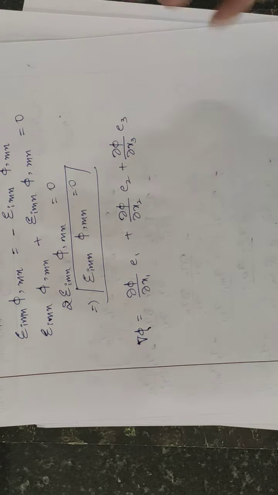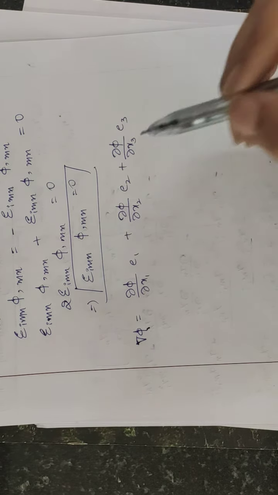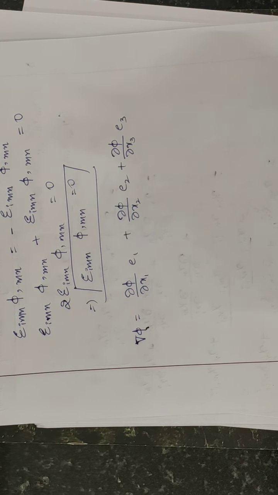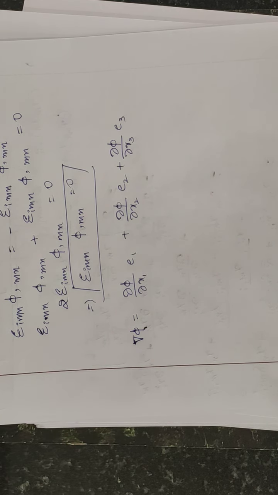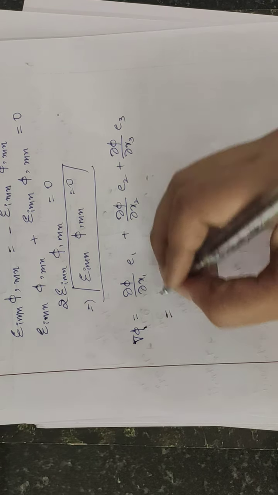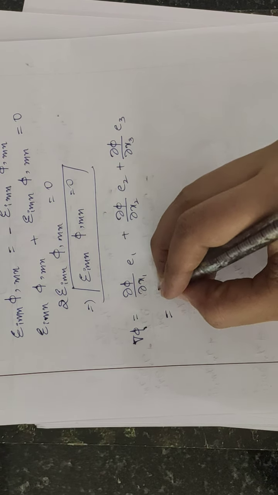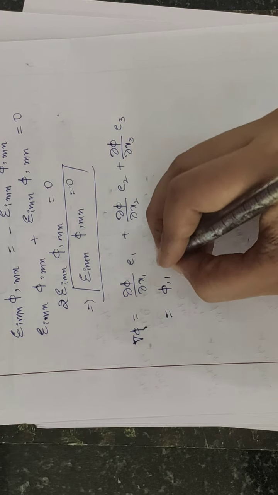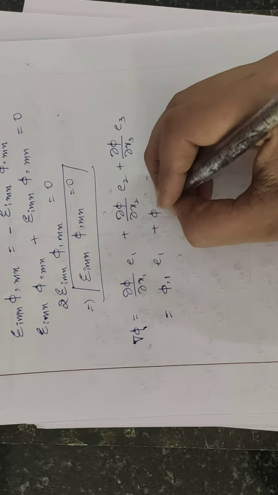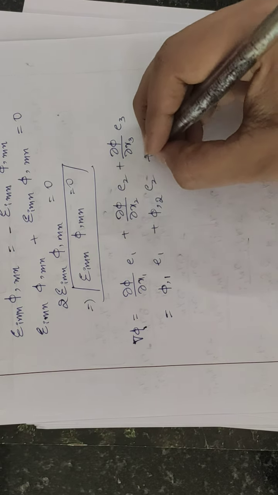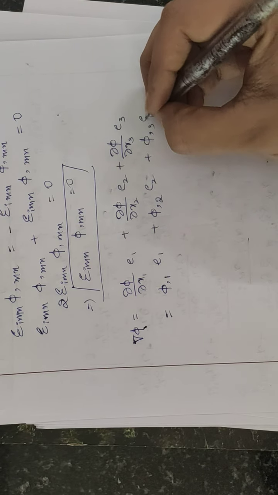This is normal. So now I will express this in comma notation, okay? So how can I write dou phi by dou x1? This is nothing but phi comma 1 E1 plus phi comma 2 E2 plus phi comma 3 E3.